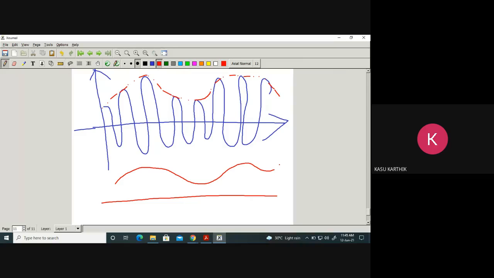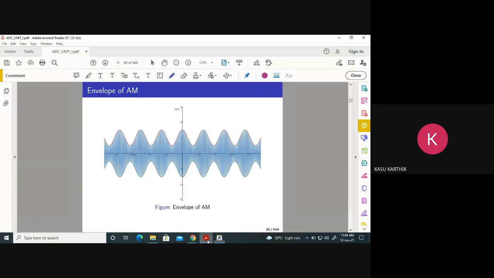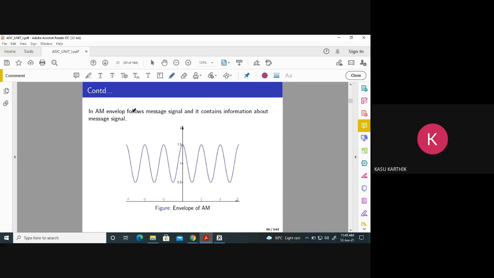Otherwise, let us go to this waveform. You just take this and join them, something like this. This is your envelope.